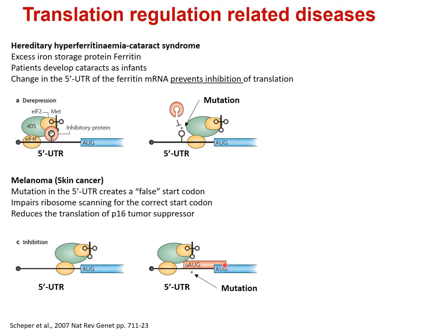It may have a better Kozak sequence surrounding it. But any AUG can be a substrate for translation initiation after the 5' cap. So it's going to reduce the amount of translation of this message. Okay, so that's going to end our talk on translation, and we will see you next time.